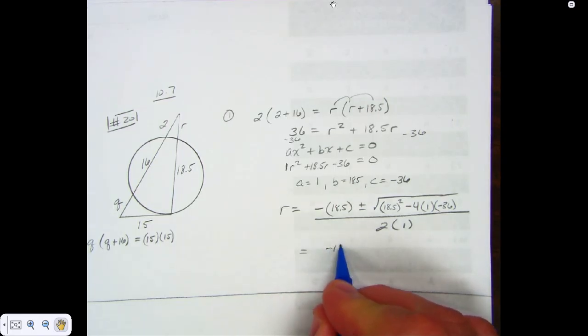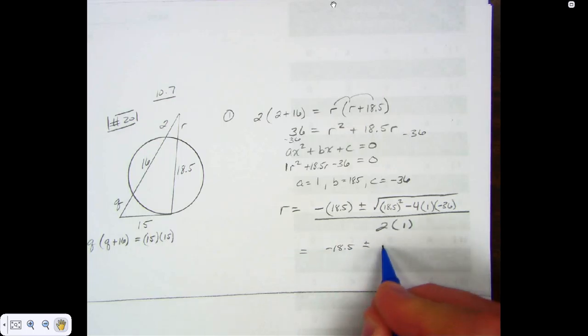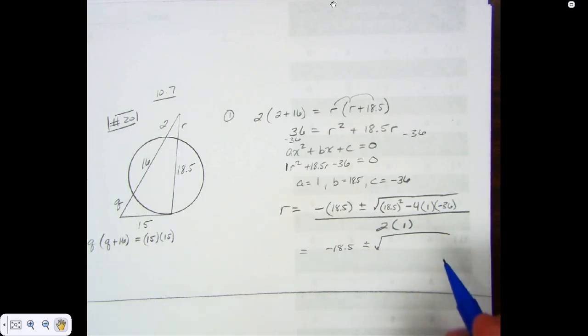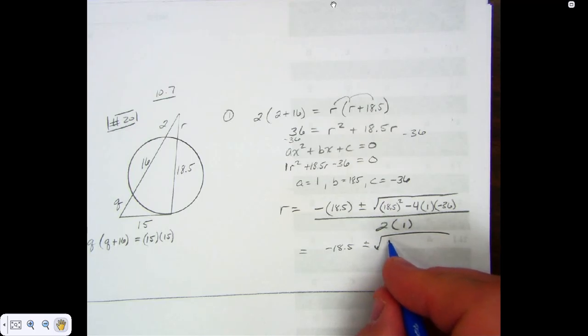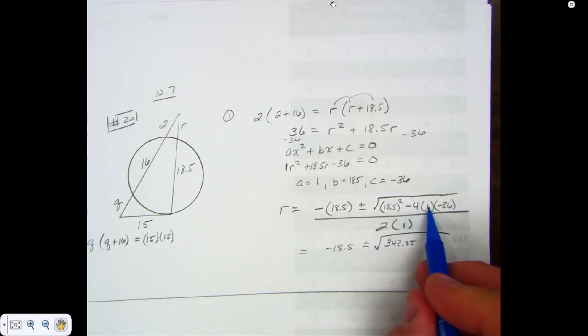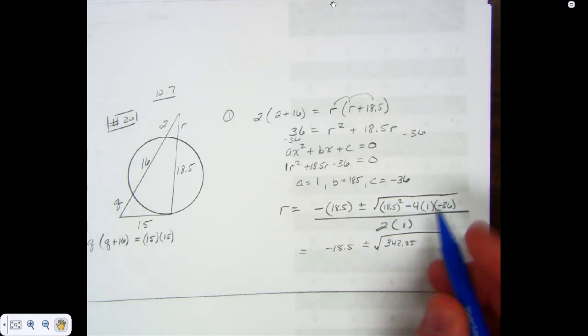Of course, this is going to be a negative 18.5 plus or minus square root of, well, what's 18.5 squared? Get your calculators out, people. Let's go, let's go, let's go. 342.25. Guys, pay attention to your sign here. Negative times positive times negative is a?